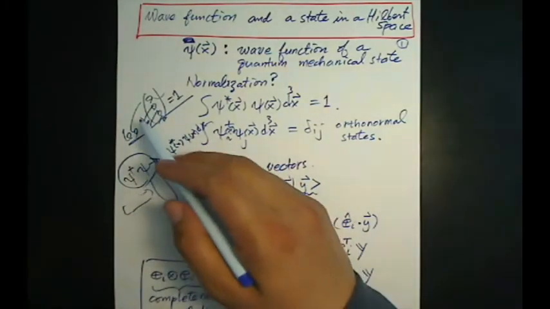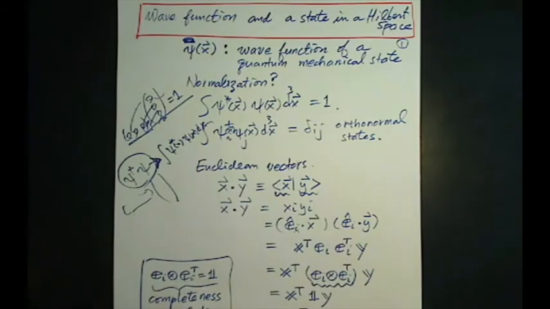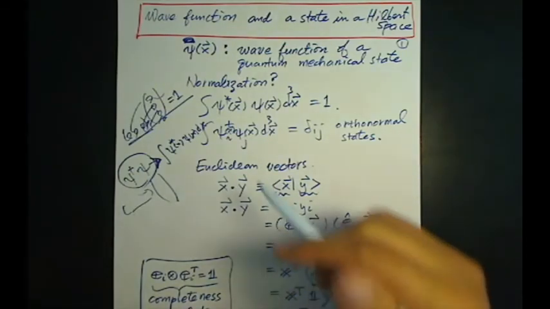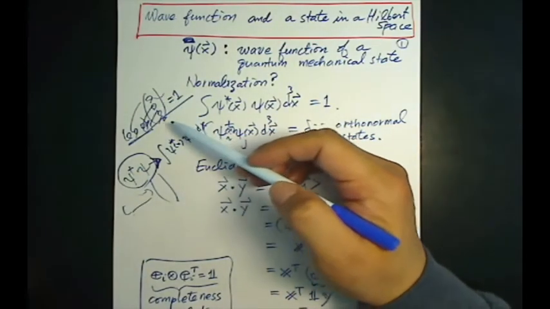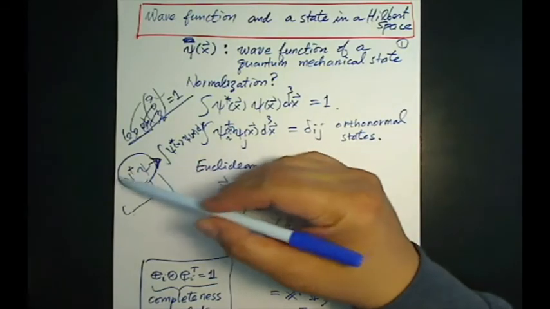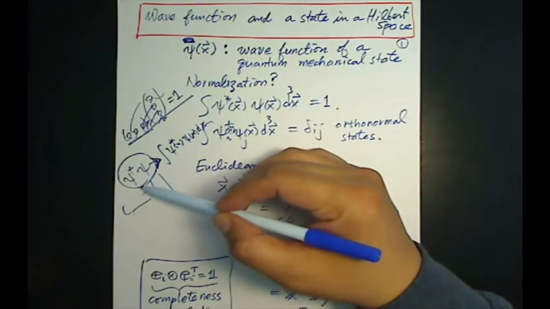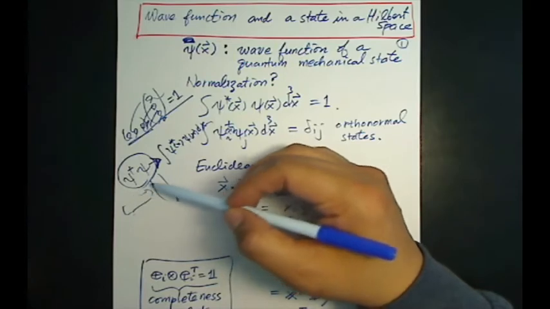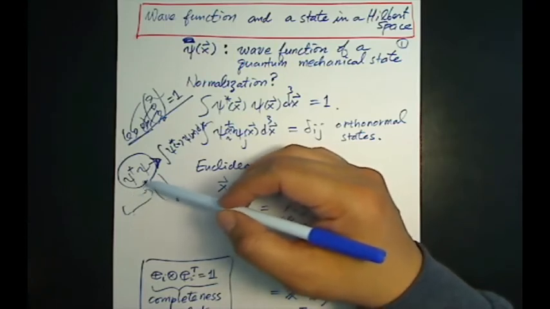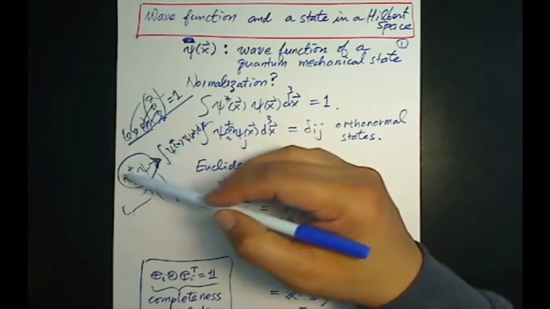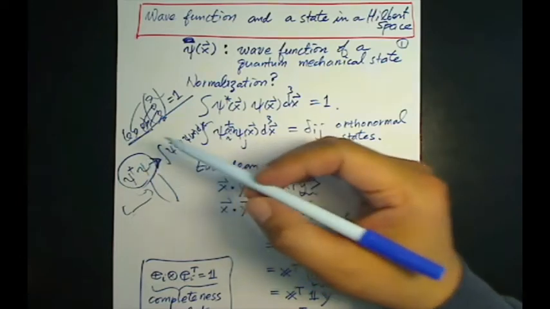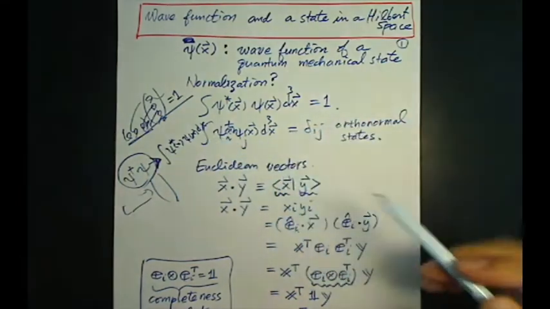However, if you have an infinite number of quantum states, then in the continuum limit, the summation that appears in the evaluation of the scalar product can be rewritten in the form of an integral.